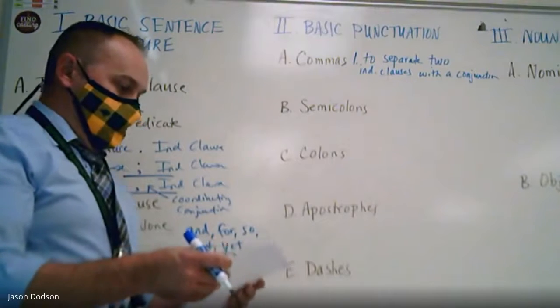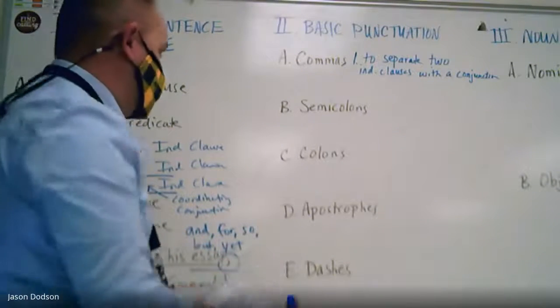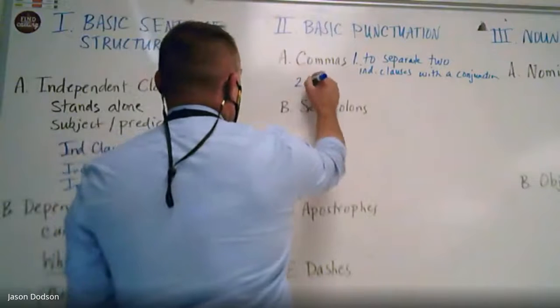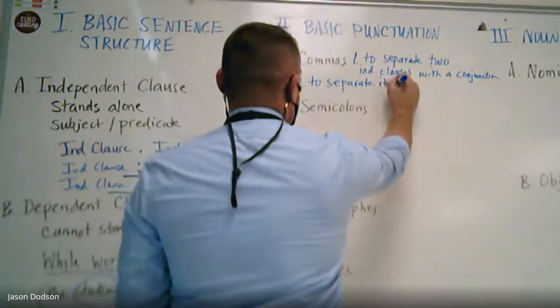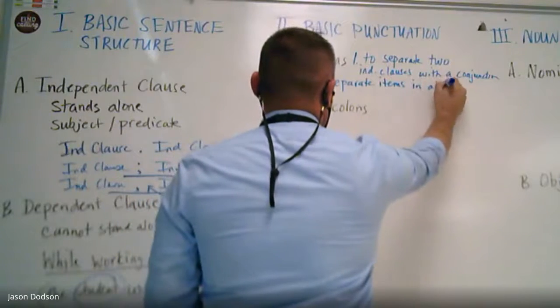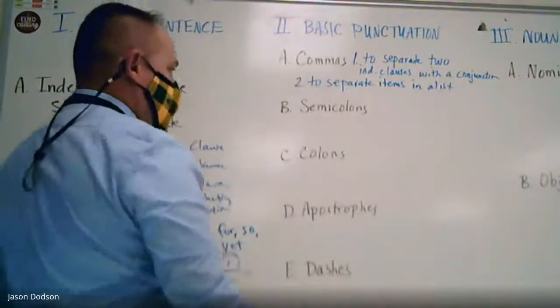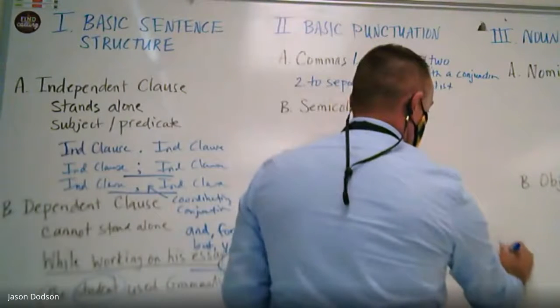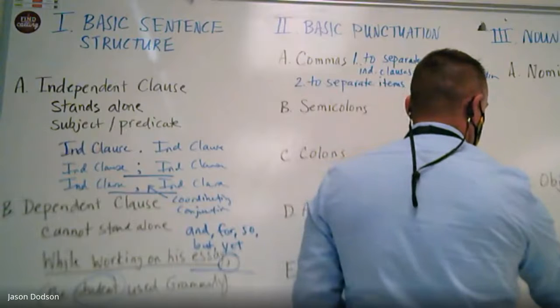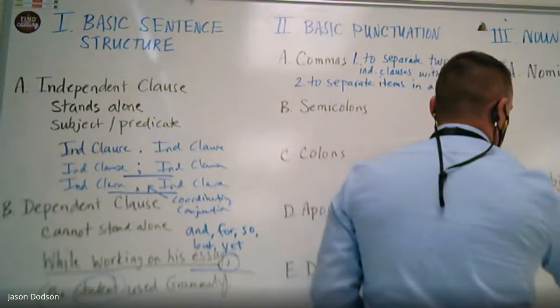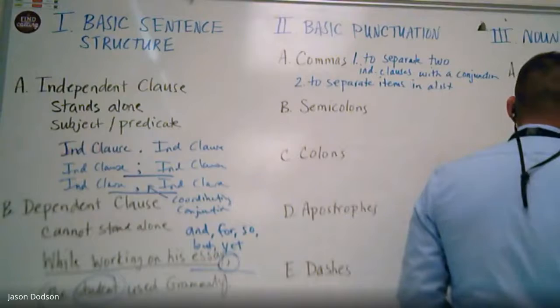I would suggest to you that the second major rule would be to separate items in a list. So if you were to say, I bought chips, dip, and soda.